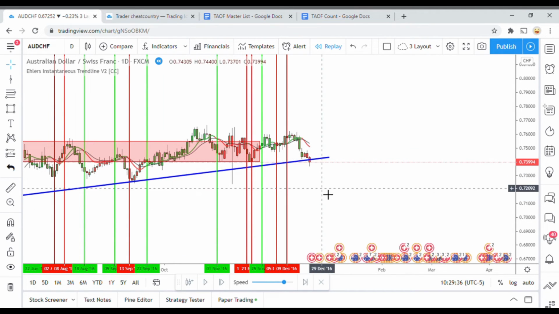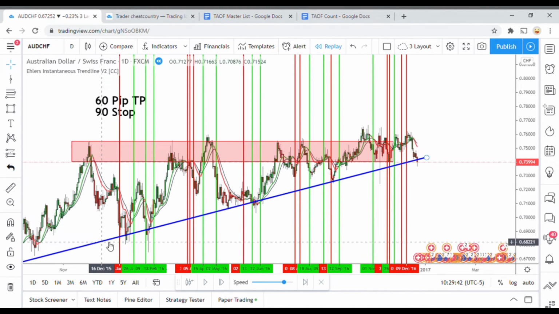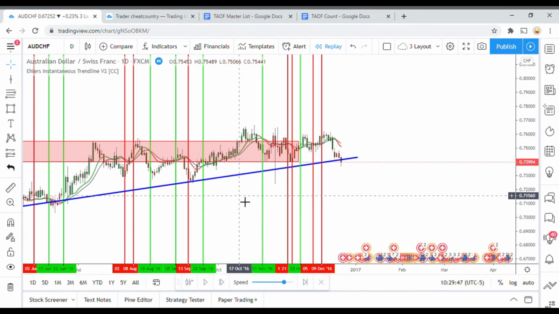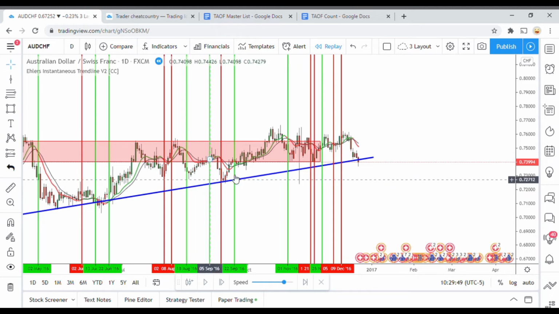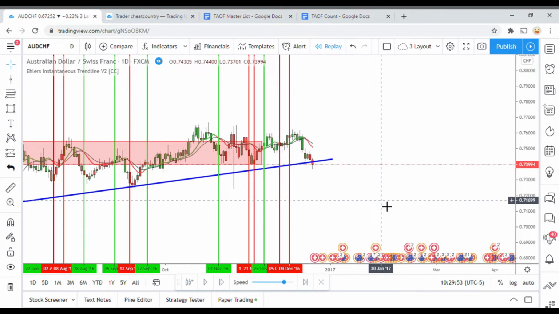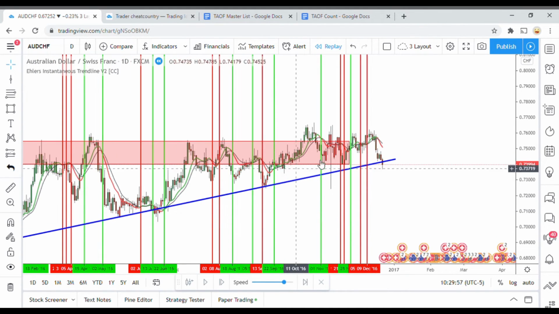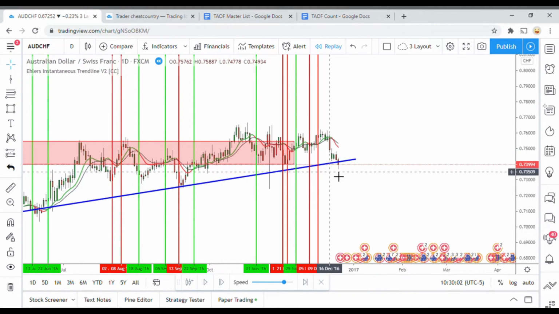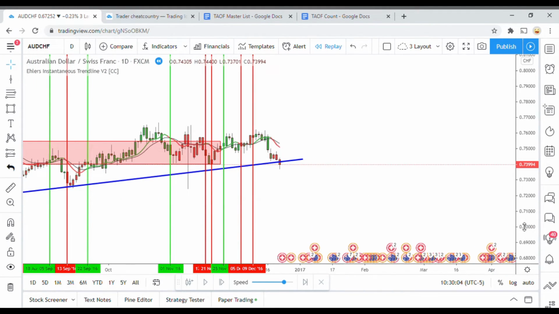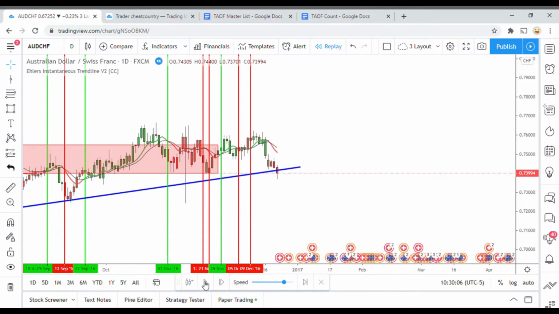See if this can break down below this blue line. If it breaks down significantly below this blue line, then this upward trend line here starts to become invalid at that point. It really needs to hold this line and continue to bounce off of it and come down, touch it, and bounce off of it within a reasonable number of candles.